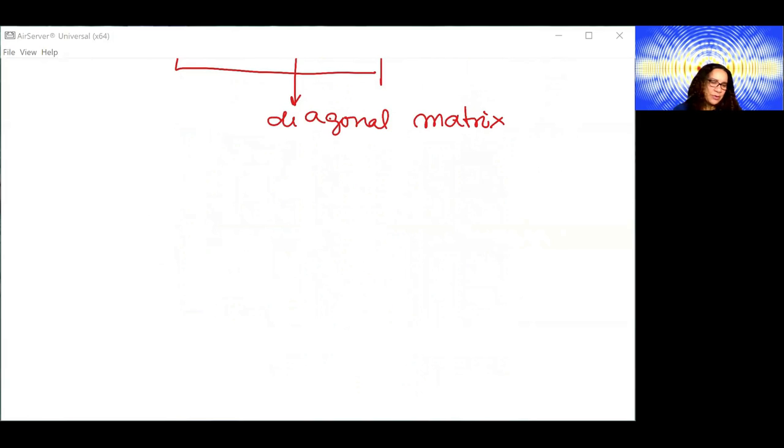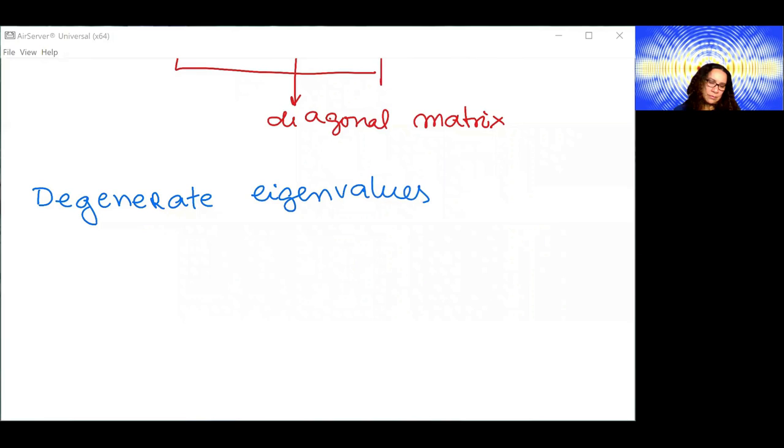And what do I do if the eigenvalues are degenerate? Well, let's get an example, very simple one, so that we get a feeling.